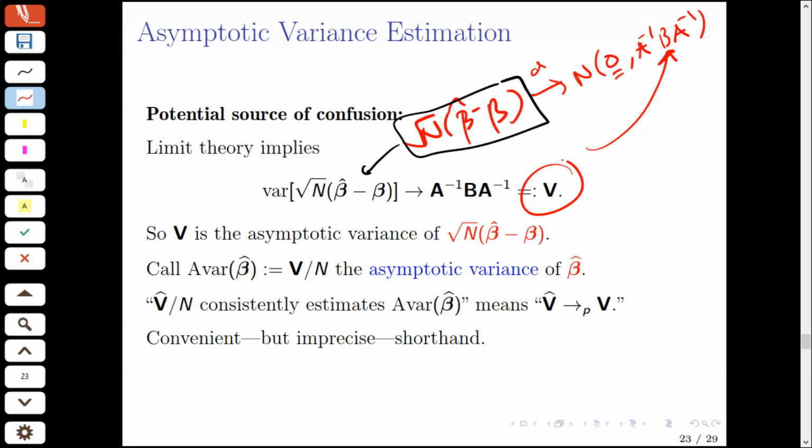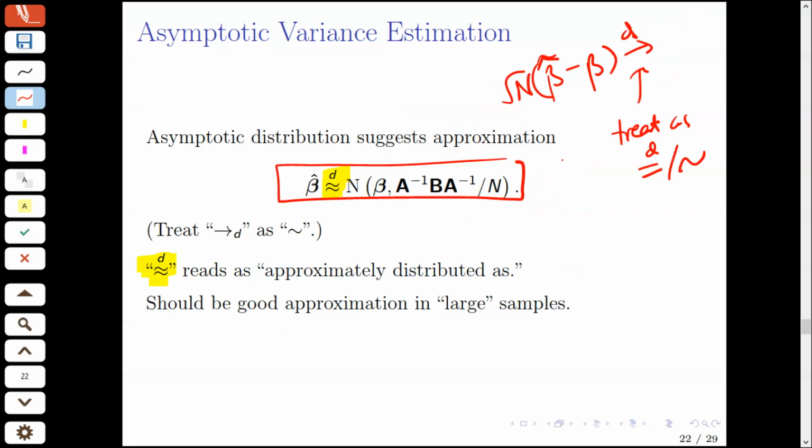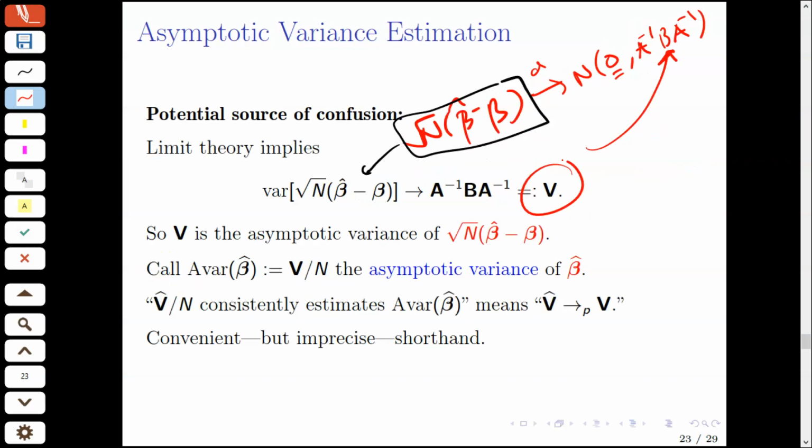Nonetheless, given this idea on the previous slide of using an asymptotic normality result to obtain an approximate normality result, we may introduce the following concept.